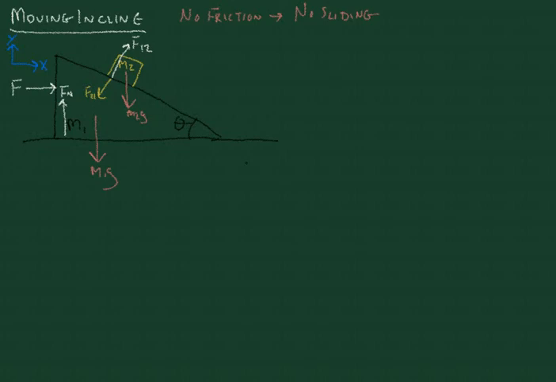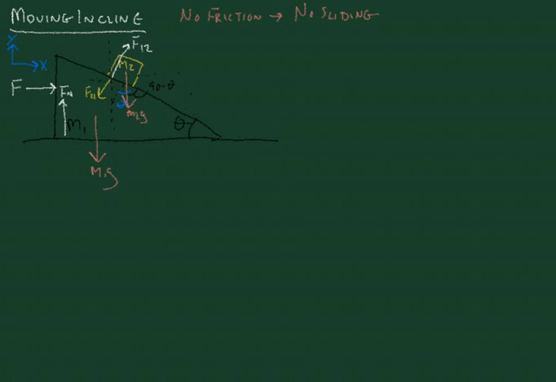Now we want to get our angles straight. If we look at our gravitational force, we know that this angle is 90 minus theta, so this angle is going to be theta. If we look at our normal force, we can see that this angle is 90 minus theta, which means this opposite angle is also 90 minus theta.